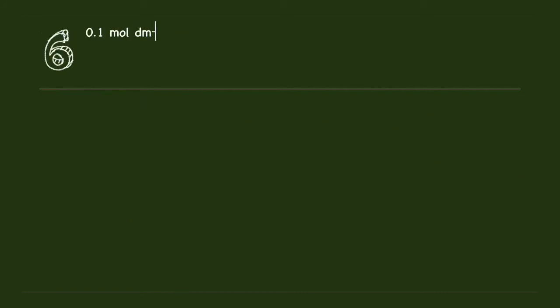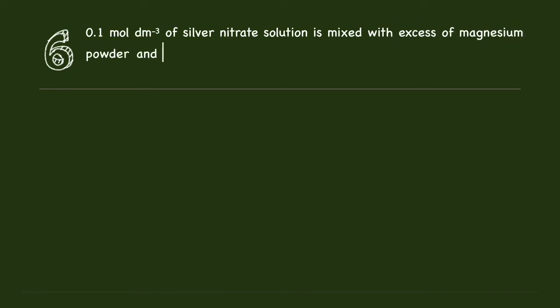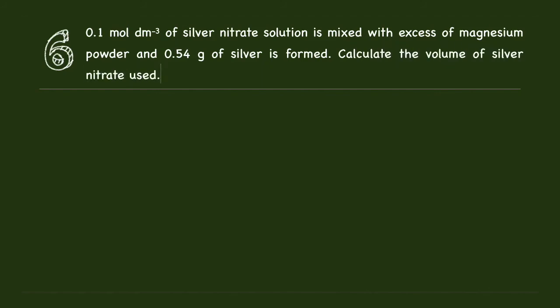Number 6. 0.1 mole per decimeter cube of silver nitrate solution is mixed with excess of magnesium powder, and 0.54 grams of silver is formed. Calculate the volume of silver nitrate used. C number 1 is to write the chemical equation.